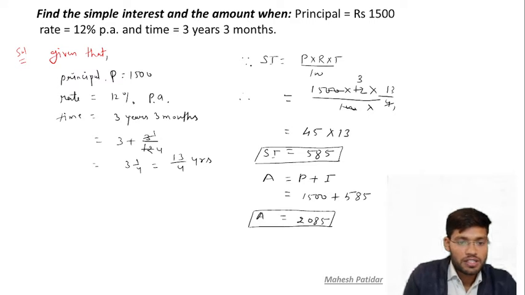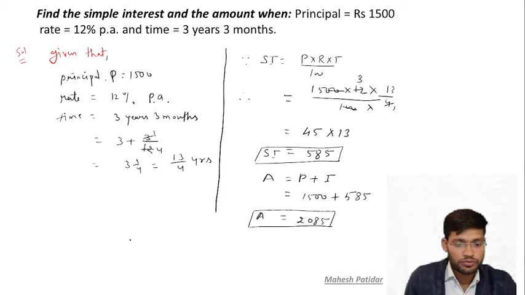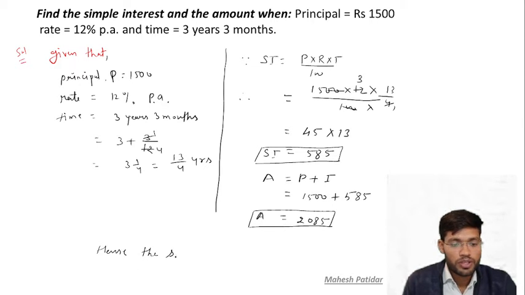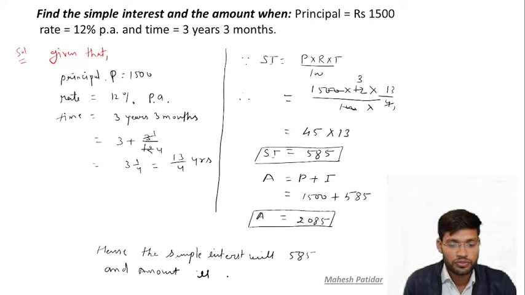Now at last we have to write, hence the simple interest will be 585 and amount will be 2085 rupees.